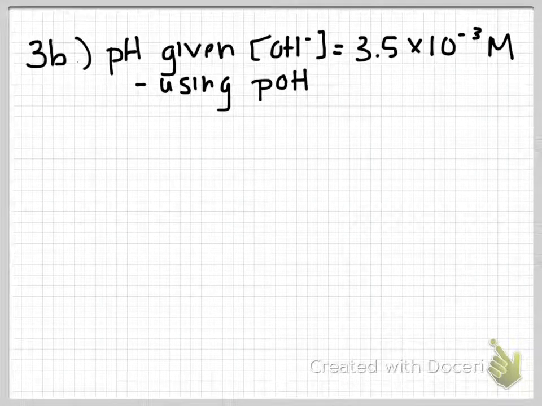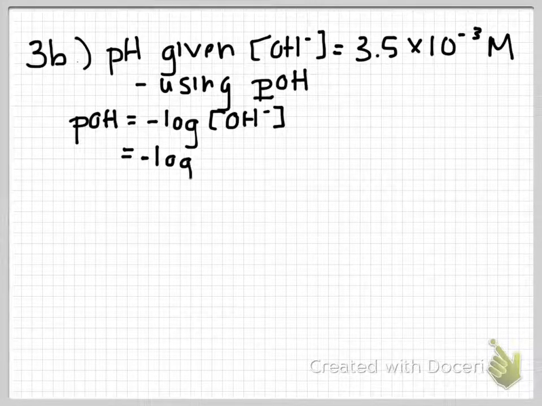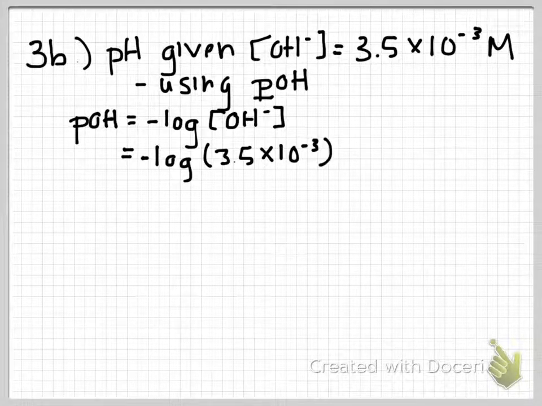The other way we can solve this problem is using this idea of pOH. The lowercase p really just represents that mathematical relationship of negative log. So I can calculate the pOH, and that's equal to the negative log of the OH minus. So we do negative log of 3.5 times 10 to the minus 3.